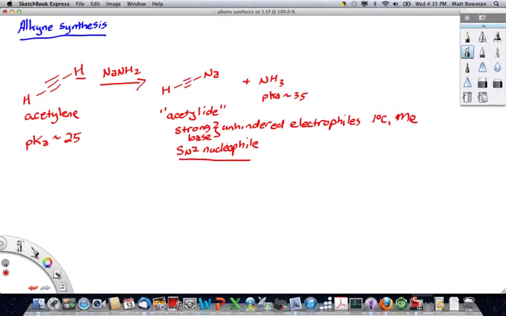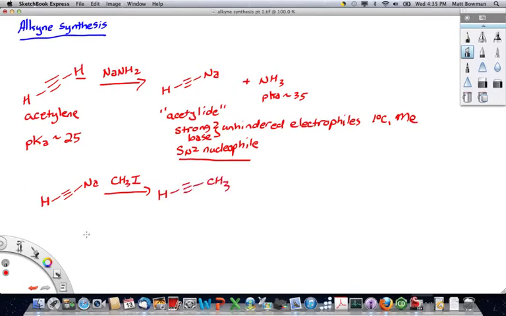So, on this, if you want to add a methyl group, you can add CH3I to this sodium acetylide.